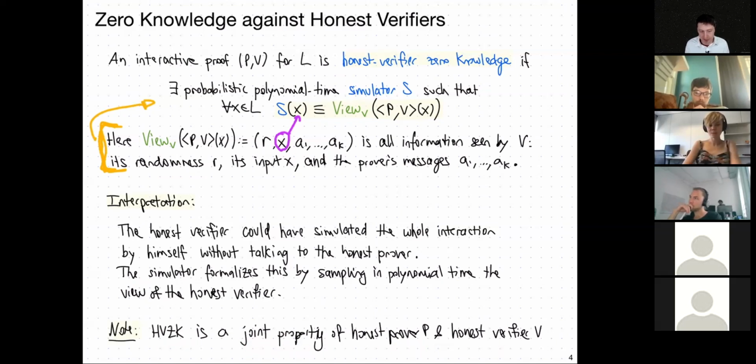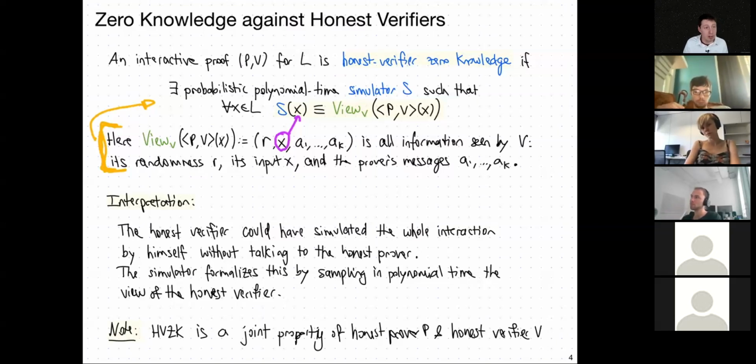Notice also that Honest-Verifier zero knowledge, like completeness, is a joint property of the honest prover and the honest verifier. In other words, if the prover is stupid and forgets to run the protocol and just sends the secret input to the verifier, we can do nothing about it. So here we're protecting the honest prover that follows the instructions of the protocol.